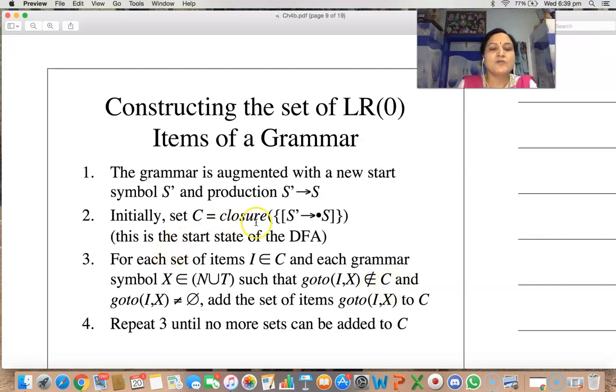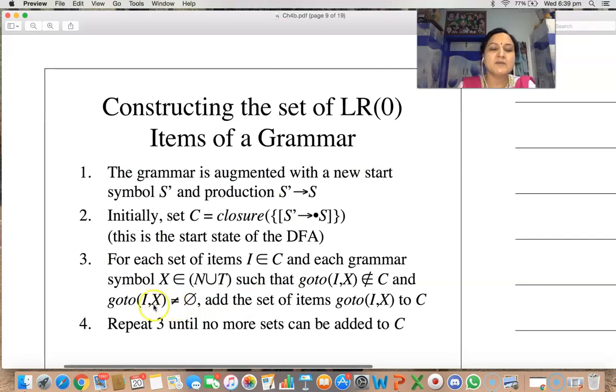So what are we going to see? We are going to see that from S dash tends to dot S, we get the gotos, that is transitions on other grammar symbols. If those are new, we are going to add them into C. If we are getting repeated ones, then we are not going to add them.